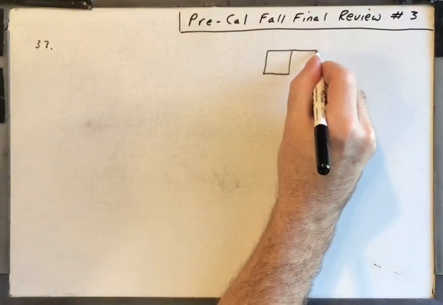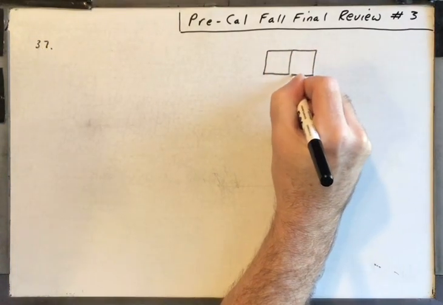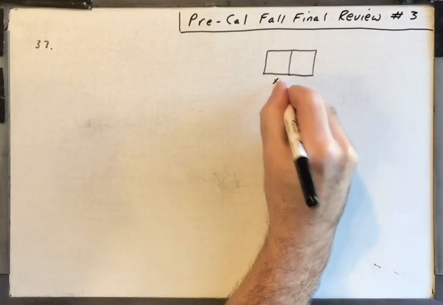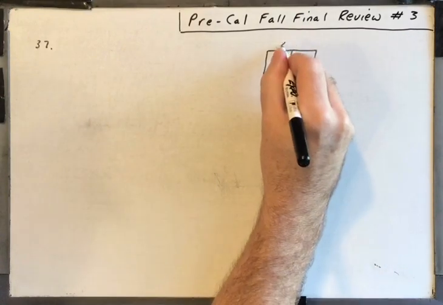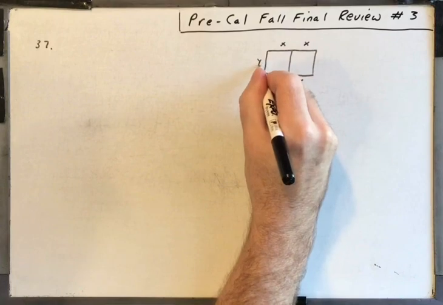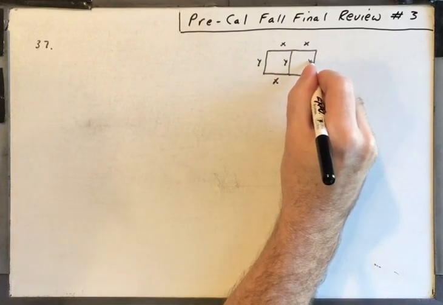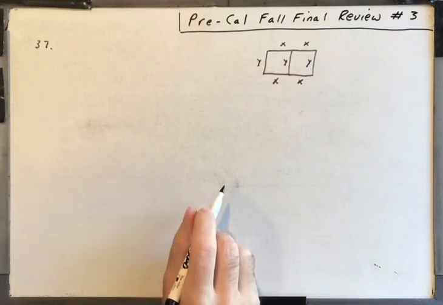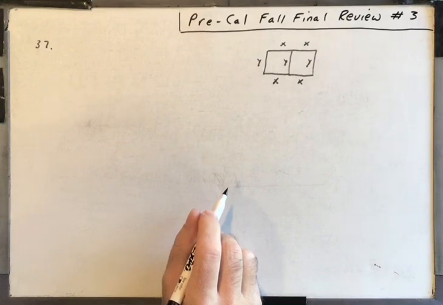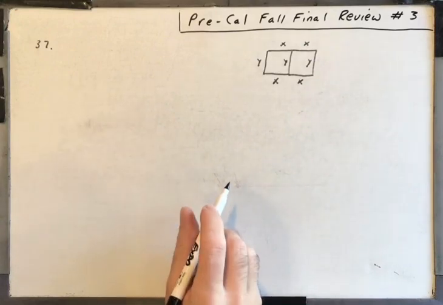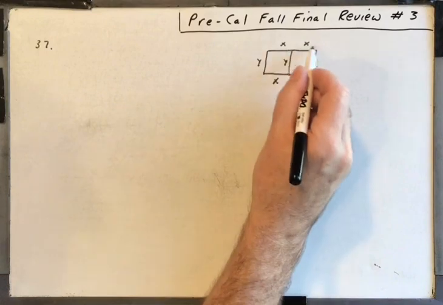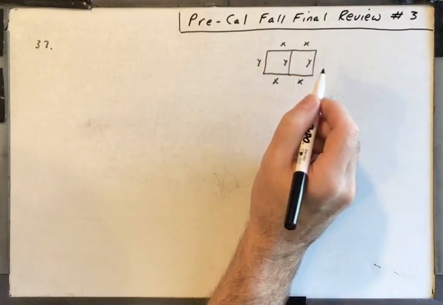Rectangular sections. Let's label the horizontal components x and the vertical components y. All right, it says in the problem that we have 54 yards of fence. So add up all these x's and y's, it has to equal 54.